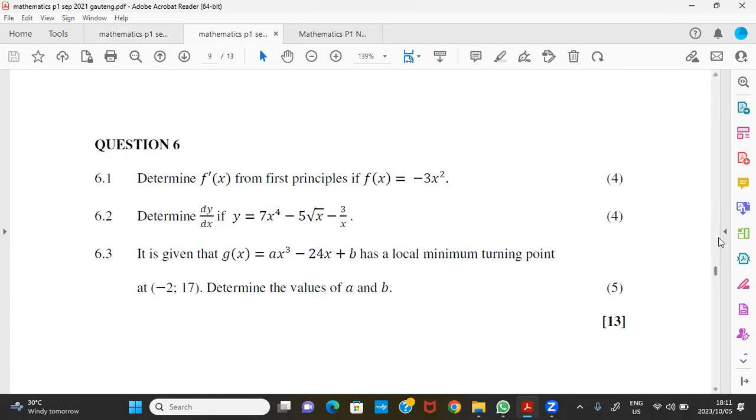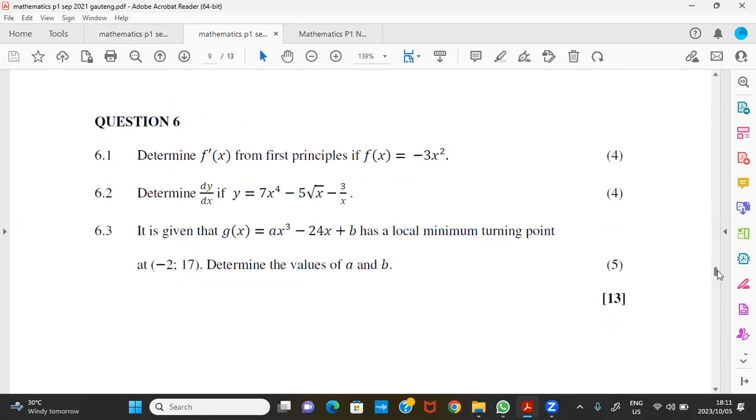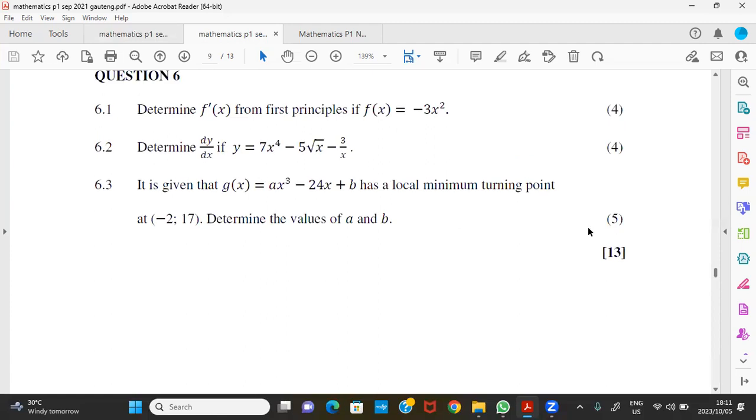So again, the first one, it's first derivative. What are we going to do? The basics, the normal stuff. So we are just going to use that formula. But then, as I said, you can just write this quickly on the side on your question paper. So derive it quickly.